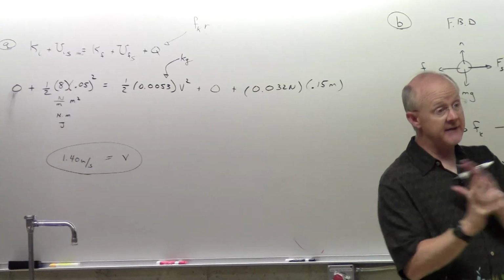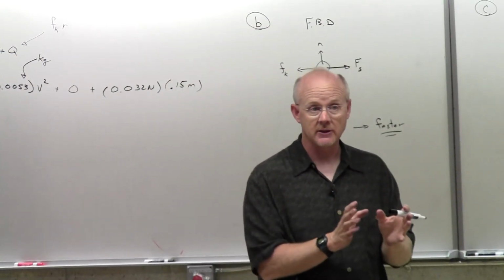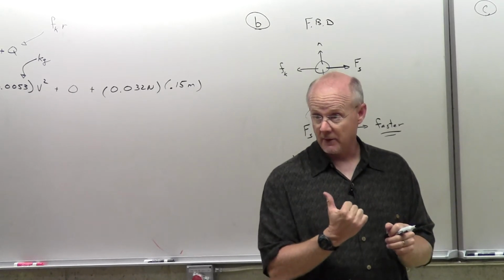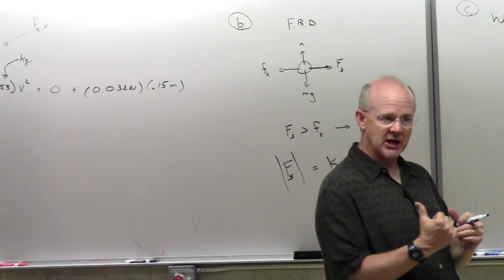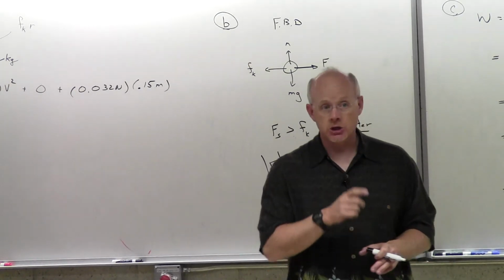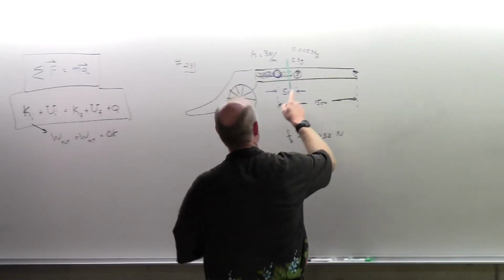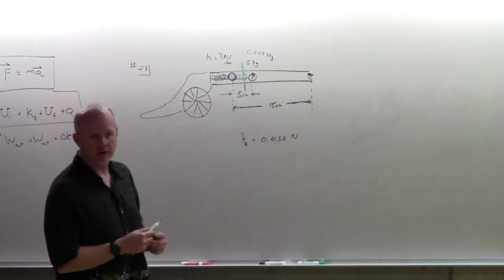And beyond that, even though it's still being pushed by the spring, what's the acceleration? Negative. The spring is still pushing it, but not as much as the friction is slowing it down. And hence, now the ball starts slowing down. So the maximum speed does not occur back here. Easy to fall into that trap, but it occurs back here someplace.